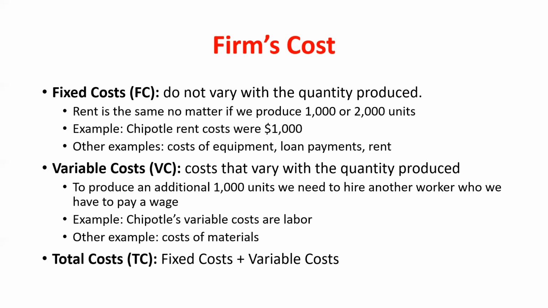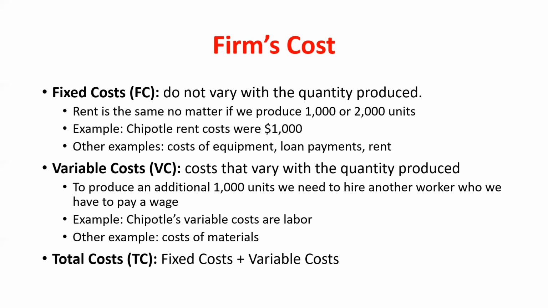As I increase quantity, this is going to drive up my variable costs. As I decrease quantity, potentially I can drive these all the way down to zero. If I produce nothing, my variable cost component is zero, but I would still have to pay those fixed costs.